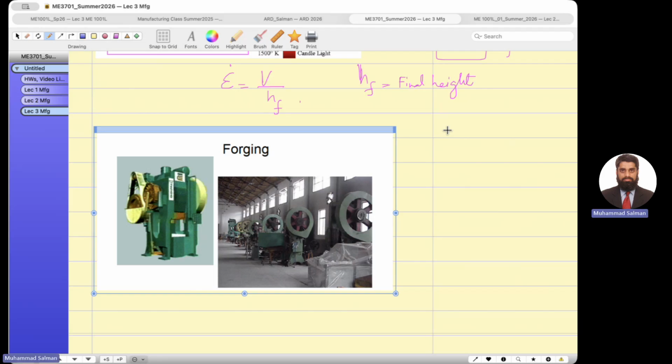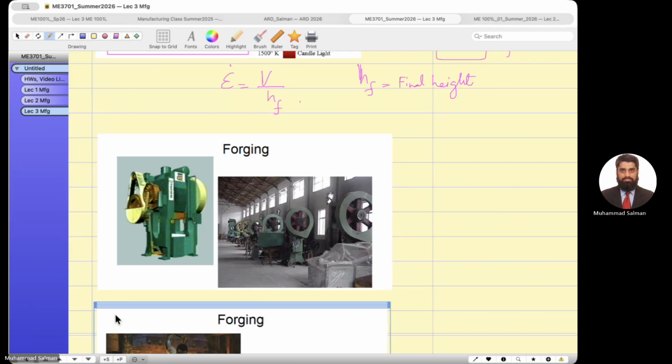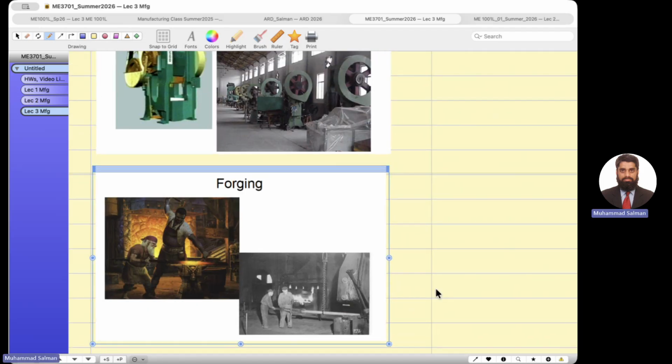So let's study our forging forces. I think in the early ages, we used to forge by hand, but in order to do the hot forging, we used some kind of fuel, maybe wood or burning coal, and then we used to forge it when it is very, very hot into the desired shape.